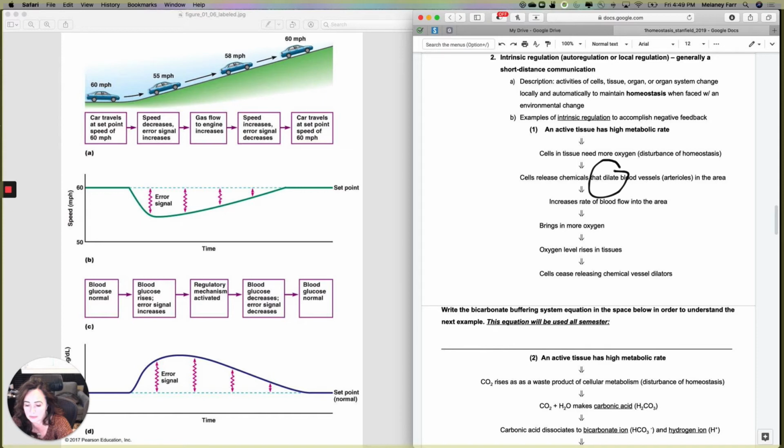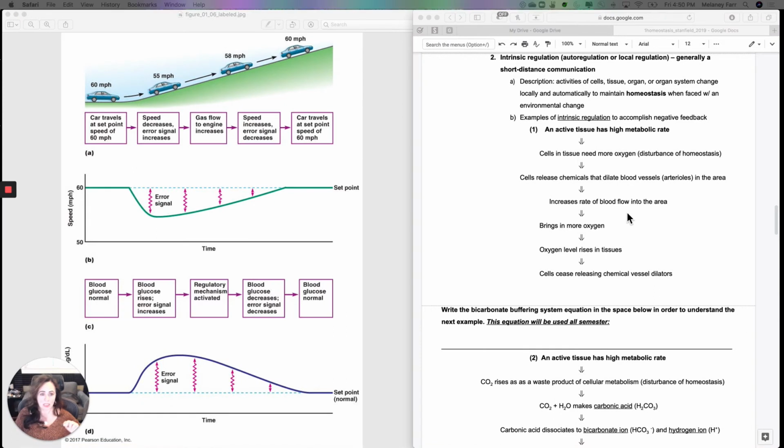Oxygen level rises in the tissues. Again, it's also important that as soon as it gets where you need it to be, you do negative feedback inhibition. You're going to feed that back in as the new data point, and you're going to get negative feedback inhibition that tells you to stop releasing those dilators.